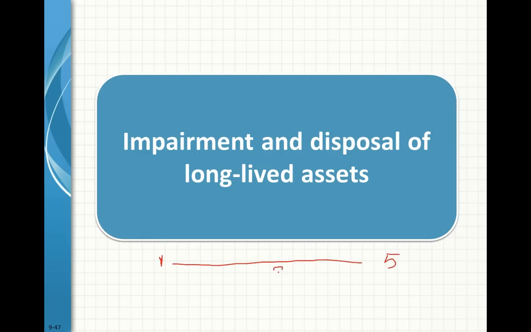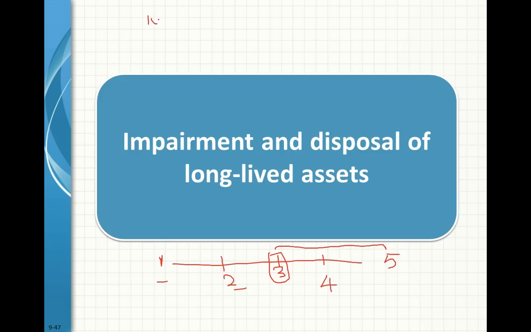In the third year, the asset met with an accident and cannot be used at all. We used it successfully for 2 years. In the third year it met with an accident. We cannot use it, but still the life is there. So the asset is physically impaired, physically not fit, but book value is there.